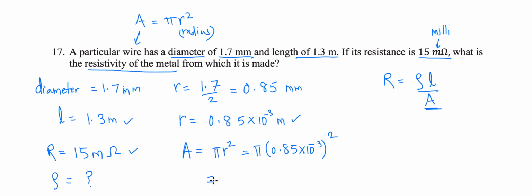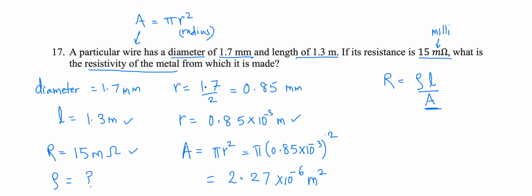So first let's get the radius, 0.85 times 10 to the power negative 3, the square of that multiplied by pi. That gives you the value as 2.269, that's what the calculator shows. I'm rounding it off: 2.27 times 10 to the power of negative 6 meter square.